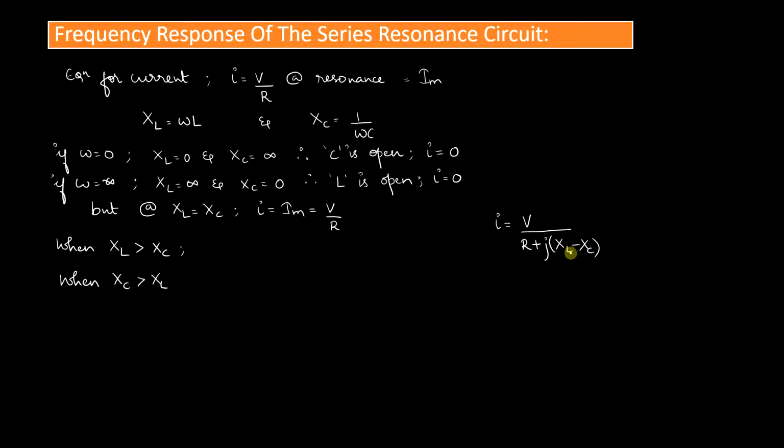So if XL is greater than XC, then the circuit will be an inductive circuit, because the value of resistance is constant. If XC is greater than XL, the circuit is capacitive.